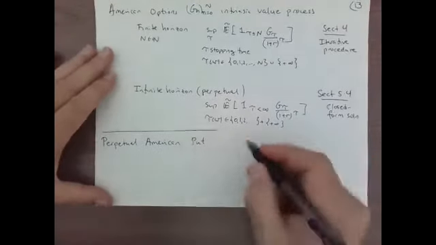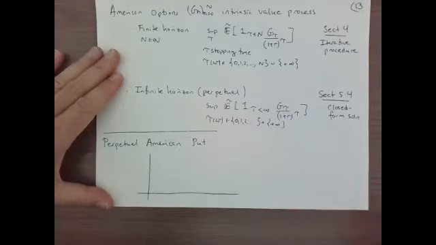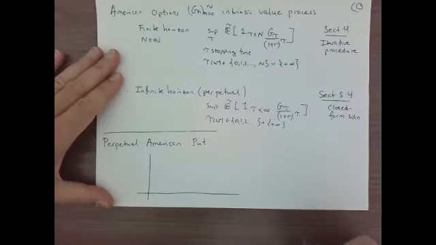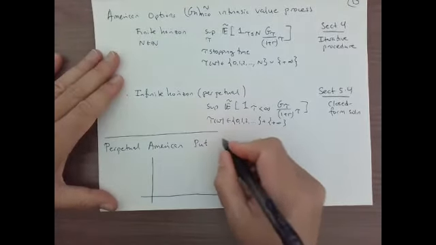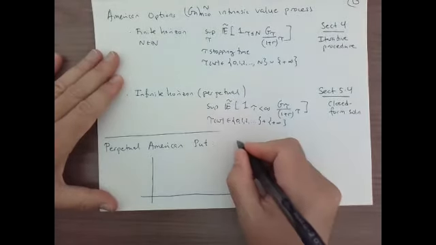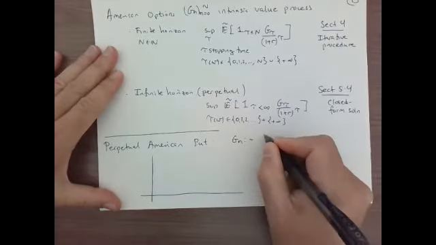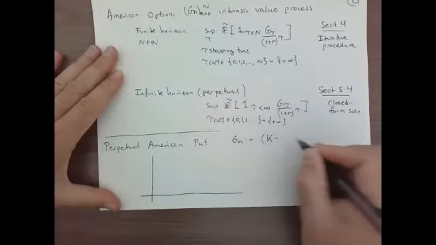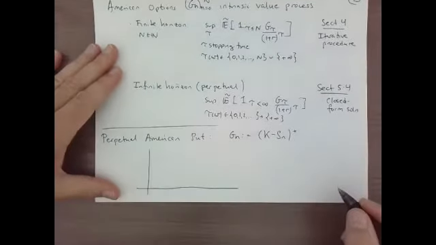So you look at a picture. Right, so the put's intrinsic value process is Gn. So this is going to be K minus Sn, the positive part.